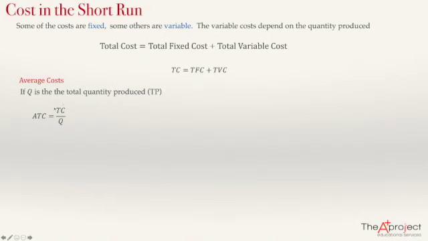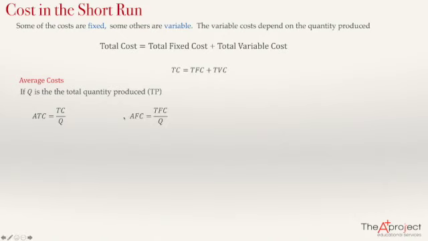And remember, this TC depends on the quantity produced. So here we have a function that is a quotient between a function that already contains the quantity produced, divided by the quantity produced. So we can say that the average total cost is the total cost per 1 unit produced.